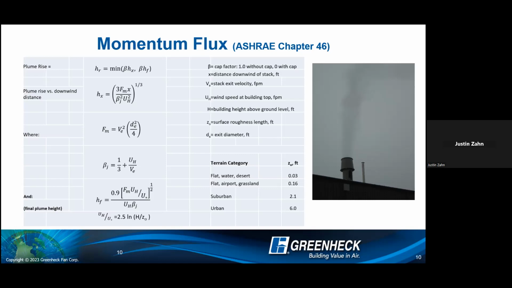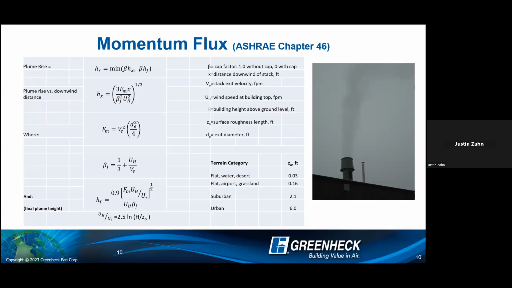We default to momentum flux in our selection program, just because, again, we know it's far more accurate than modified Briggs, but we do keep modified Briggs in our selection program for when those questions come up about, how come competitor X or competitor Y has a higher plume height than you, as in Greenheck. We simply switch our selection from momentum flux to modified Briggs, and we're usually right on the money.